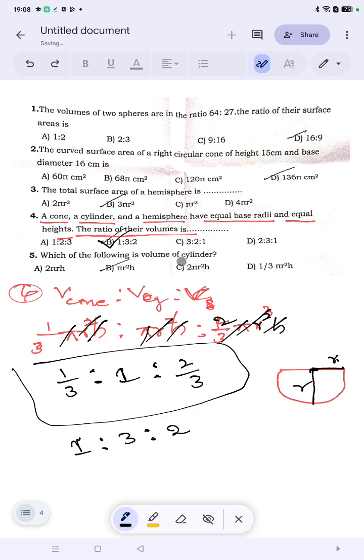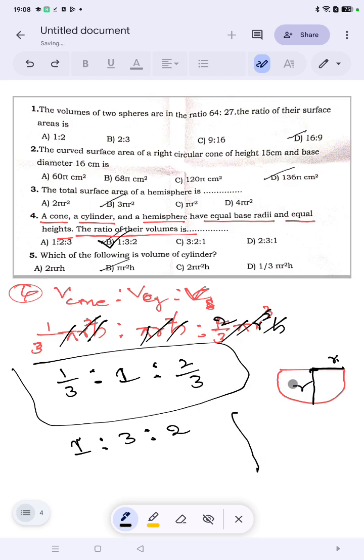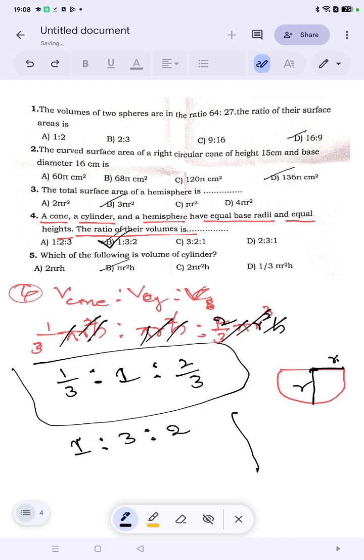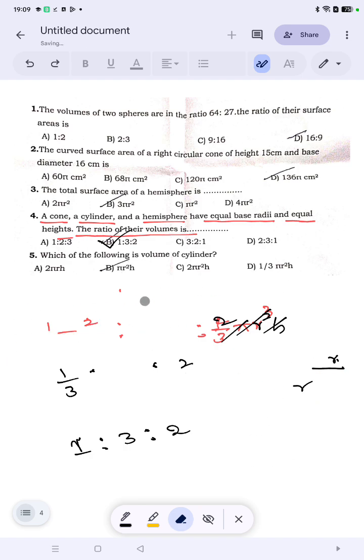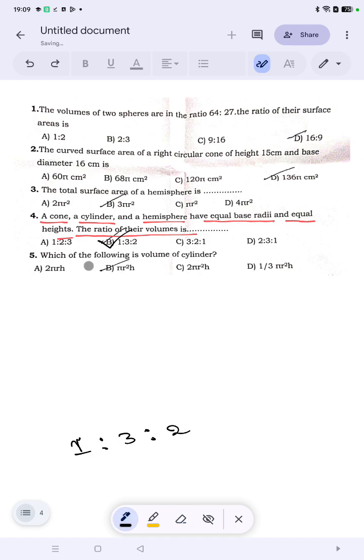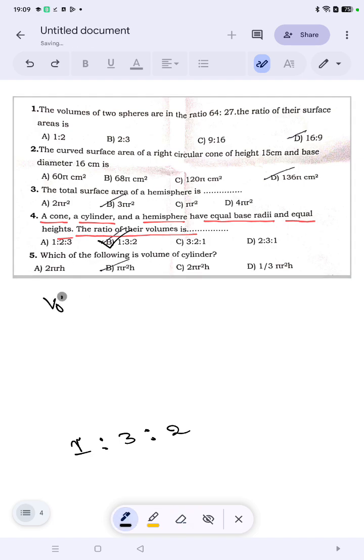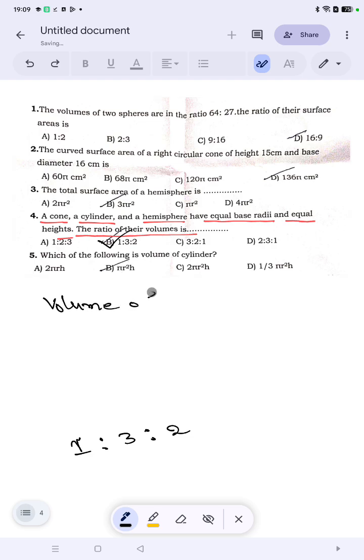Now, which of the following is the volume of a cylinder? Cylinder means, what is the shape? Now look at the volume of a cylinder.